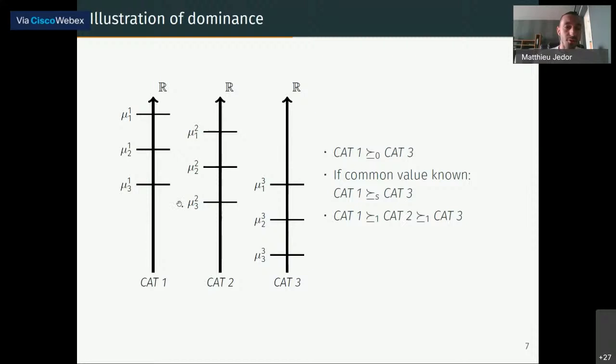We also can see that category 1 first order dominates category 2, because when the two categories have the same number of arms, this simply means that if the means inside each category are ordered, the k-th best arm of category 1 is better than the k-th best one in the other category, which is verified here. And we can also say that category 2 strongly first order dominates category 3.